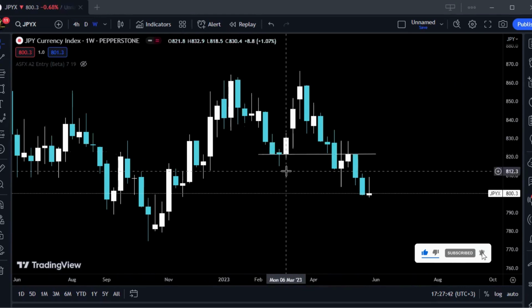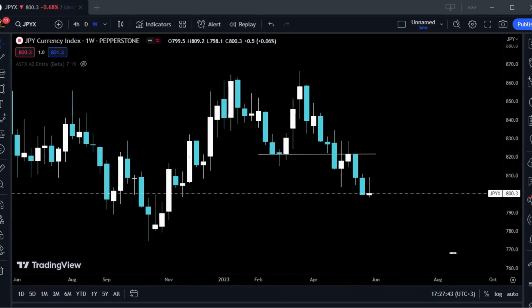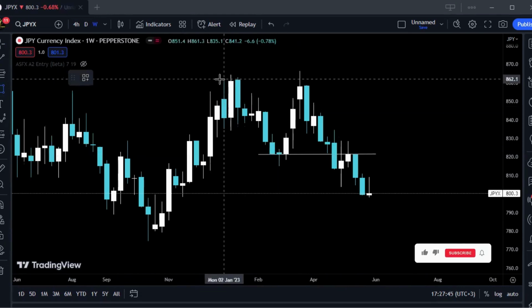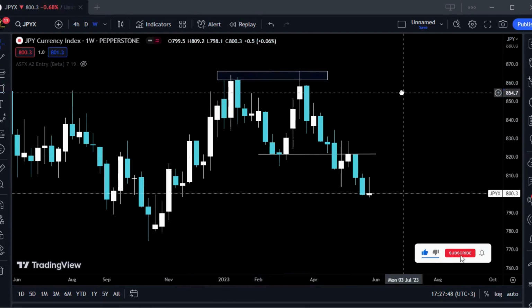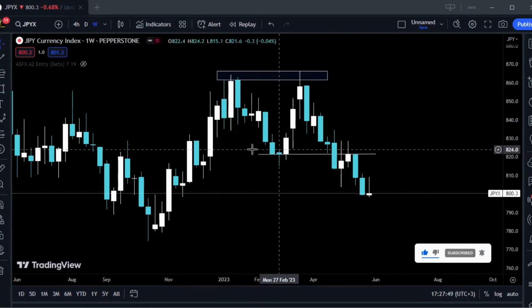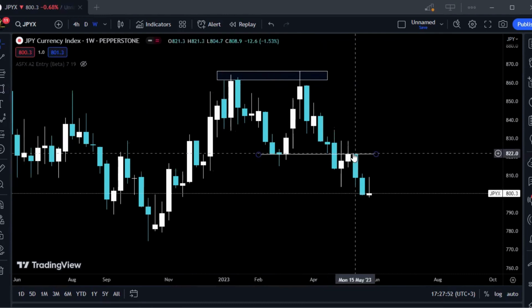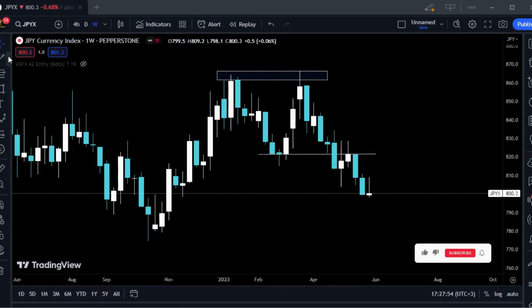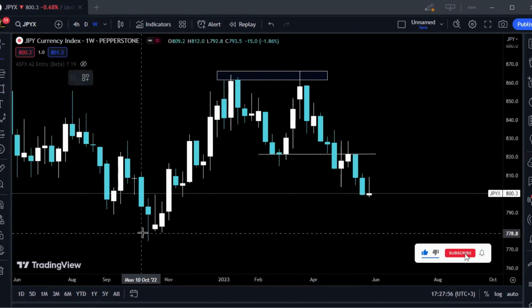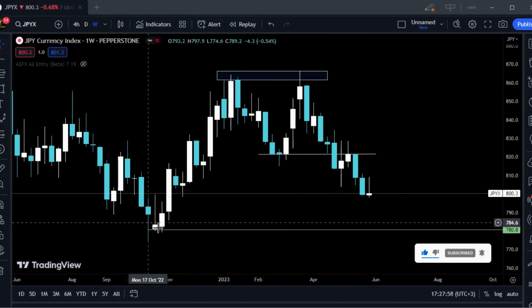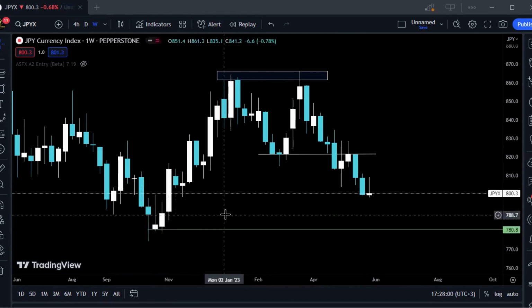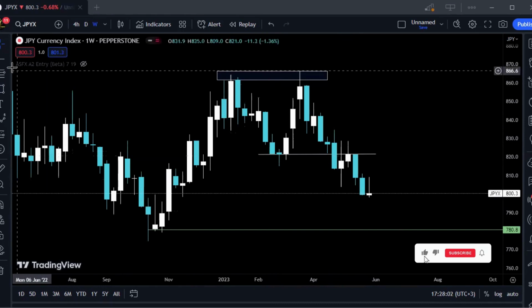So prices broke below this. I call this a double top because it has these tops. This is the neckline. Prices broke and then retested the neckline. So after that, we should be anticipating to see prices push lower until the next low, somewhere down here. That's my bias on JPYX.